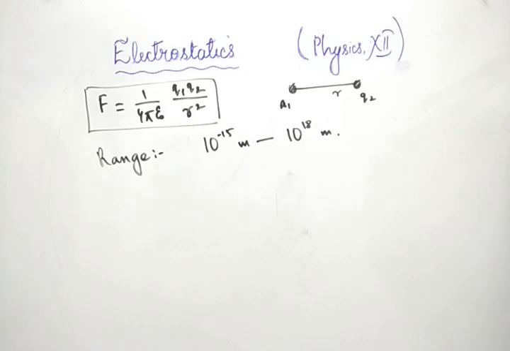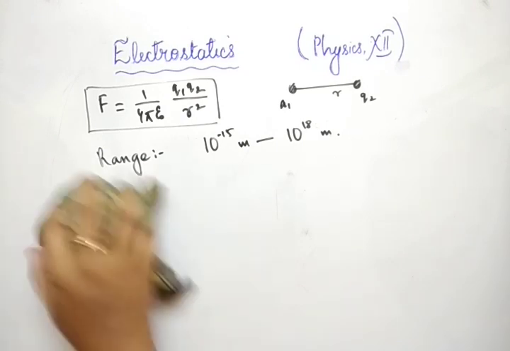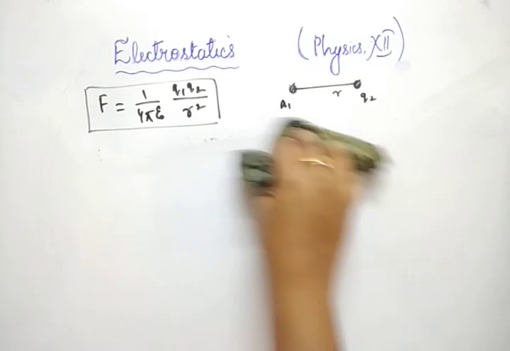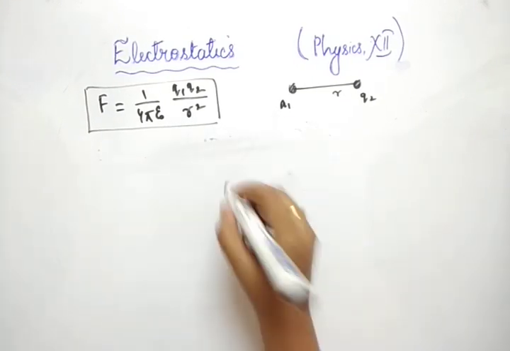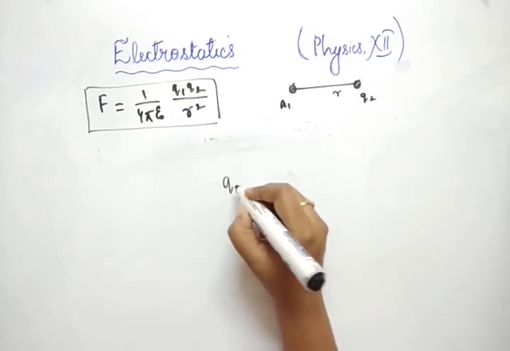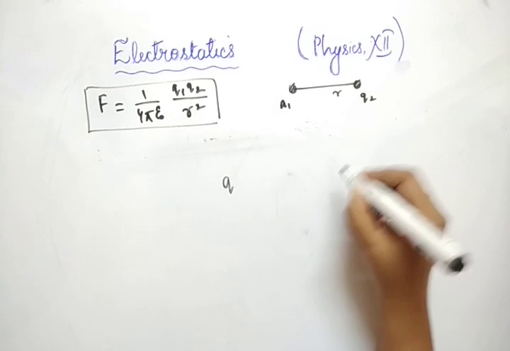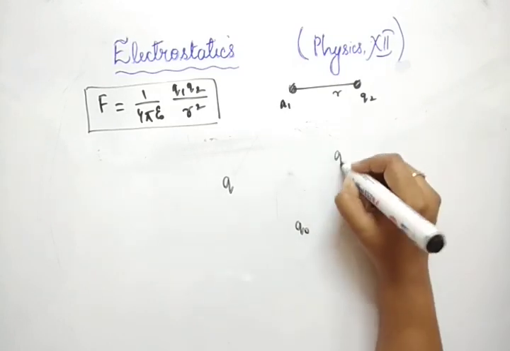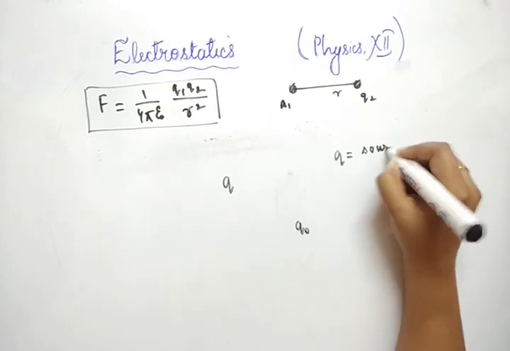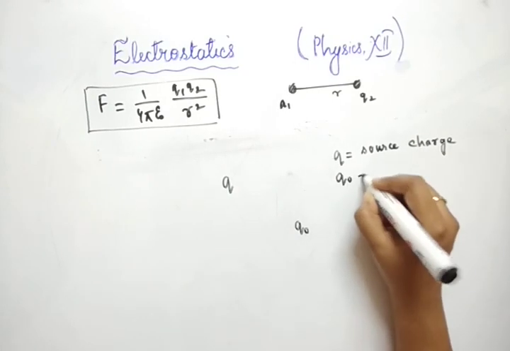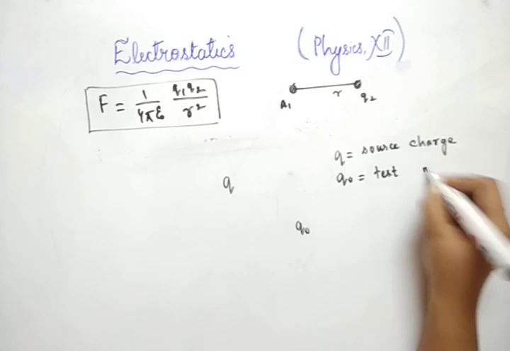What is the concept of electric field? Suppose you have a charge here, and you bring another charge Q naught near this charge, where charge Q is your source charge and Q naught is a test charge.